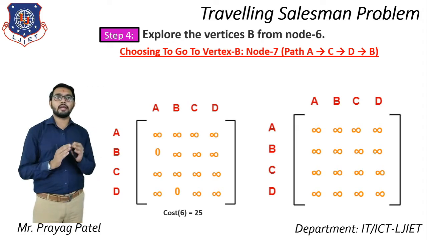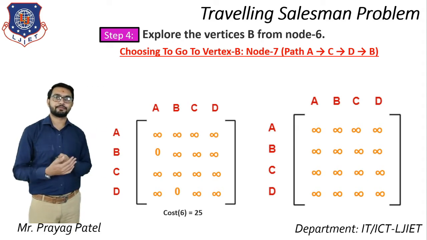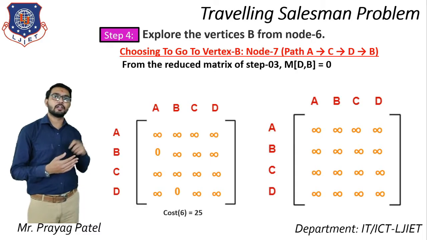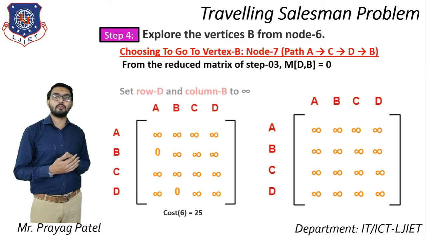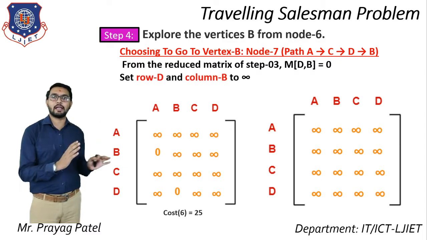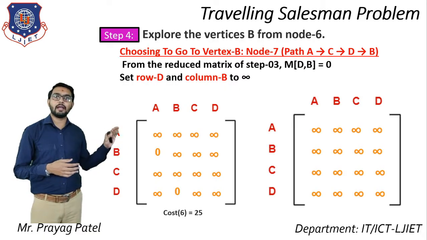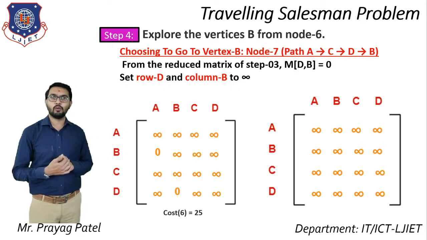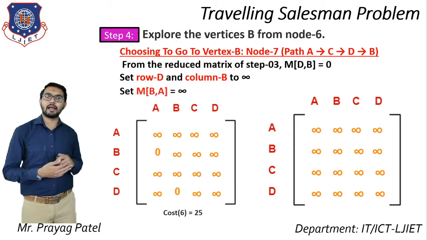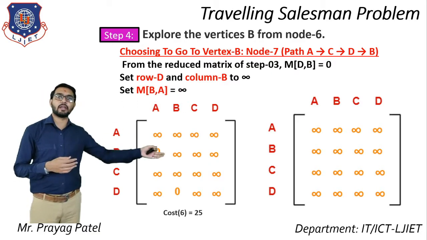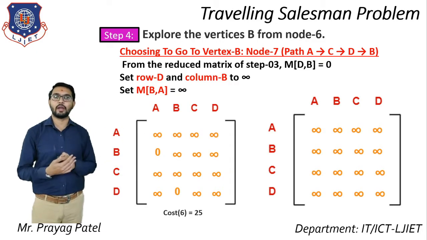Consider the path from A, C, D and B. Now for that consider the old value of M[D][B]. So consider the last two elements: row D and column B are considered as infinite, and location M[B][A] is considered as infinite. So this is the second matrix, consider it as your infinite matrix.